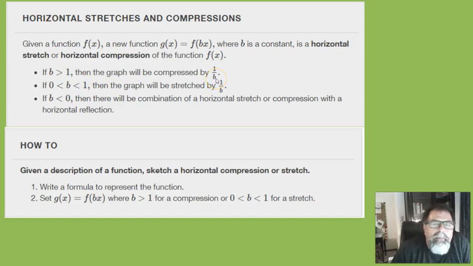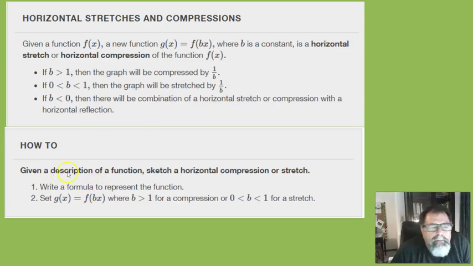So if you're multiplying by 5, you're actually going to do 1/5, or divide by 5. Okay, if b is between 0 and 1, then it's going to be stretched by 1 over b, which is the way you can read this one would be the reciprocal. So if b is 1/2, then 1 over 1/2 is multiplied by 2. If b is less than 0, it's a combination of a stretch or compression with the reflection, horizontal reflection.